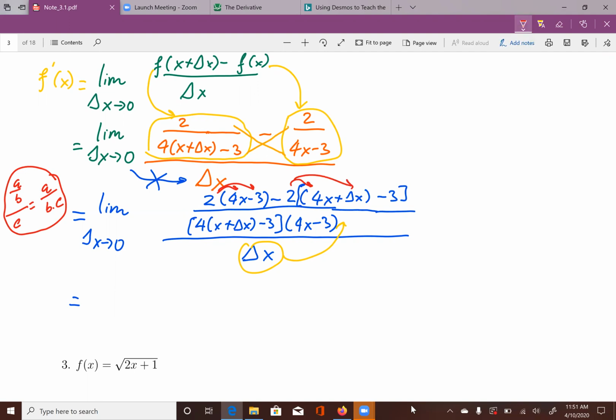So let's see. Limit as delta x goes to 0.